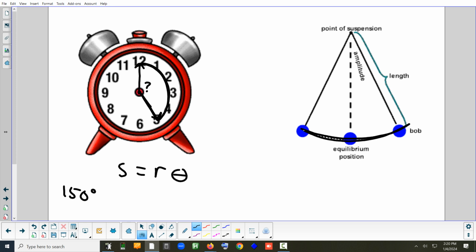To find how far back and forth it's swinging, the arc, you'd have to know the radius, which in this case would be the length of the string that the weight is hanging on. That's your radius. And your angle, they'd have to tell you, like the pendulum is swinging back and forth 30 degrees. They'll tell you that in the problem.